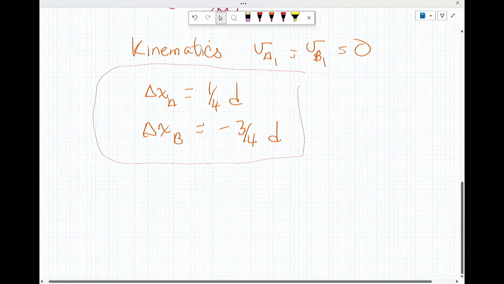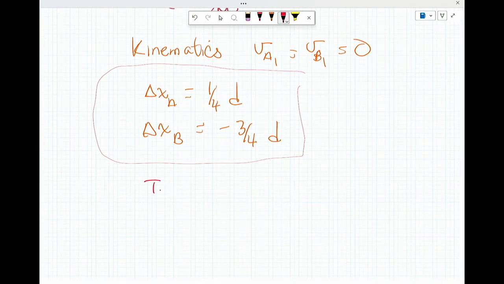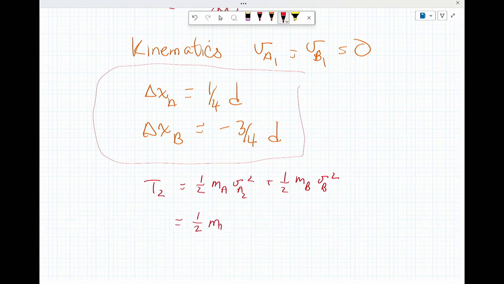So if I do that, I can go back to this and I can say T2 is equal to 1/2 MA VA2 squared plus 1/2 MB VB squared, which is equal to 1/2 MA VA2 squared plus 1/2 MB minus 3 VA squared.